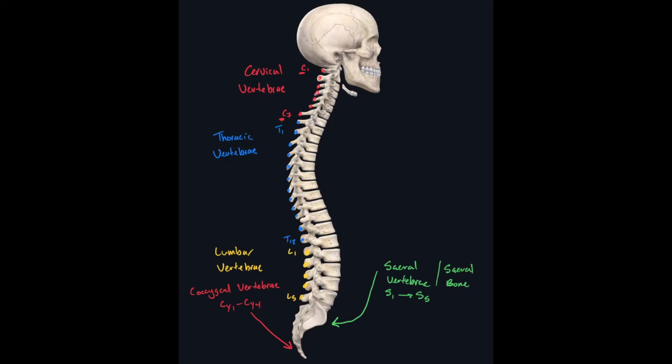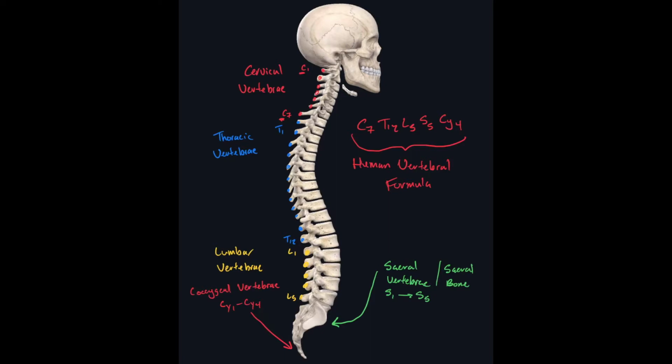Now, having counted all the vertebrae in each group, we have this formula: C7, T12, L5, S5, and CY4. This formula is called the human vertebral formula, and that is something important that you need to remember.